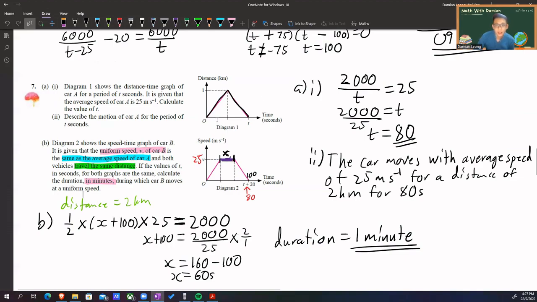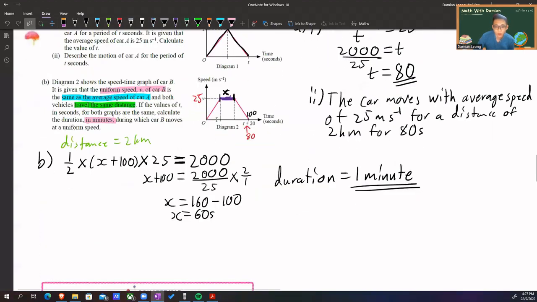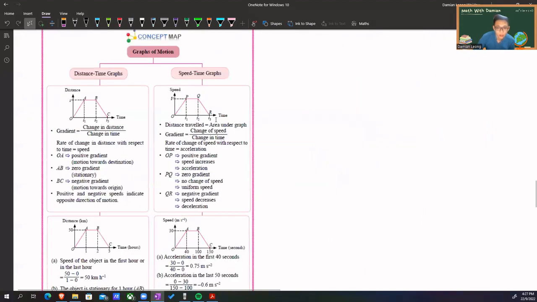So basically that is for chapter 7. Graphs of motion chapter is basically just these two types of graph: distance against time graph, speed against time graph. Gradient for distance against time graph is the speed, rate of change of distance with respect to time.